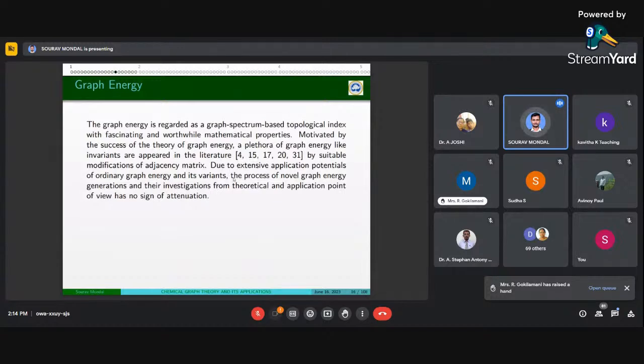A significant amount of work has been developed on the chemical importance and mathematical properties of graph energies. Inspired by this concept, a considerable number of graph energy-like variants have appeared in the literature by appropriate modifications of the so-called adjacency matrix.